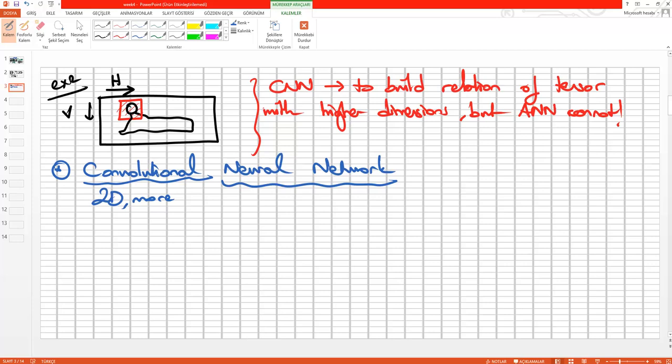Convolution is from your lesson, signals and systems. So what's the convolution? Convolution means the similarity rate of 2 functions or 2 pictures. For example, if I have two pens here, like this one, this is a pen, this is also a pen, right?